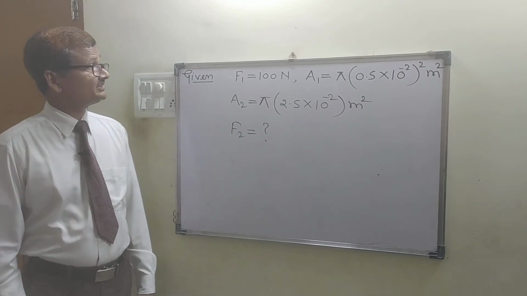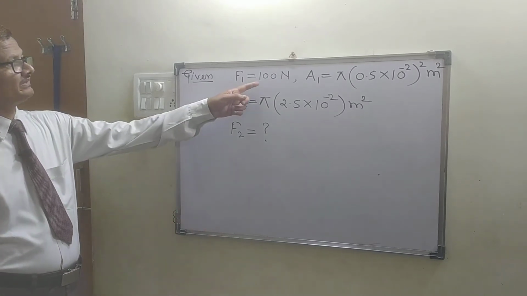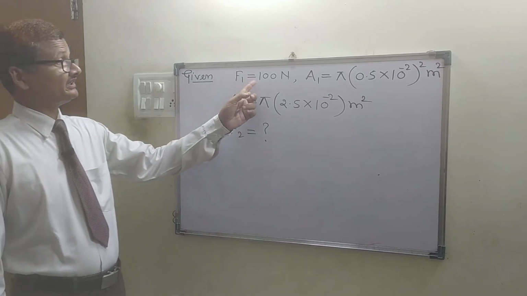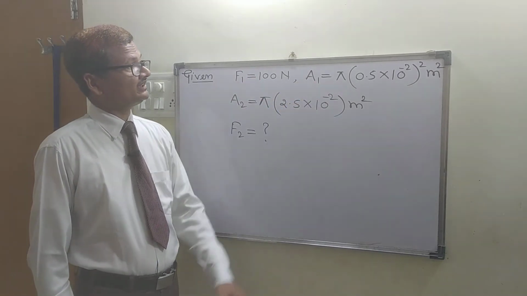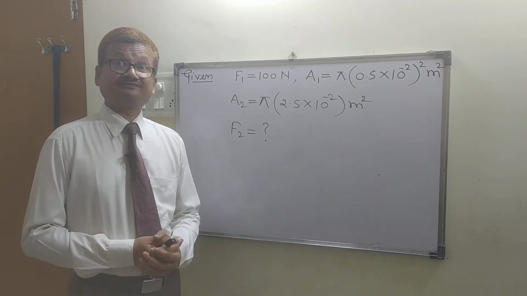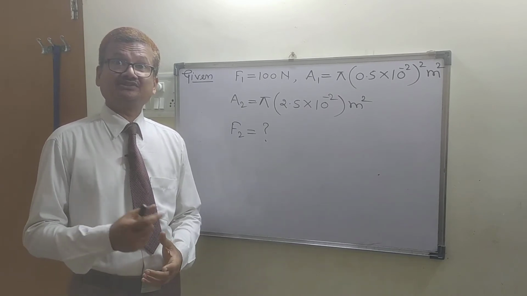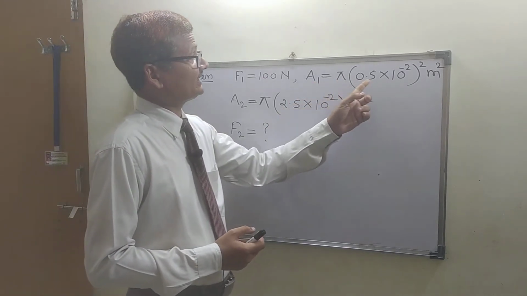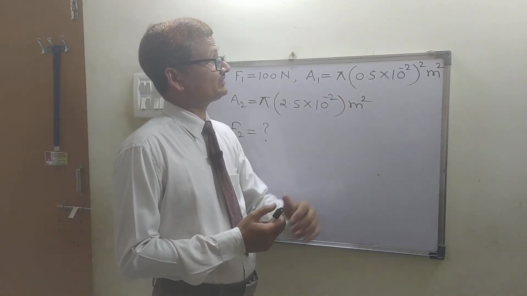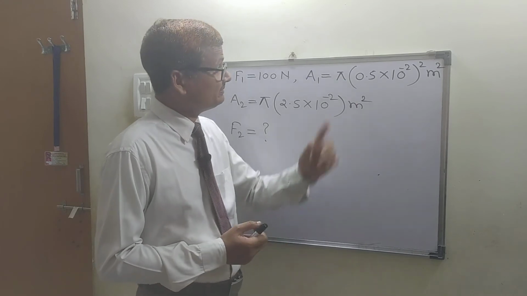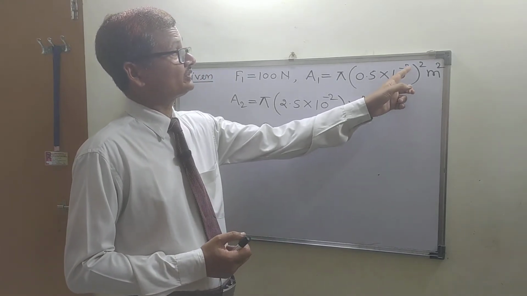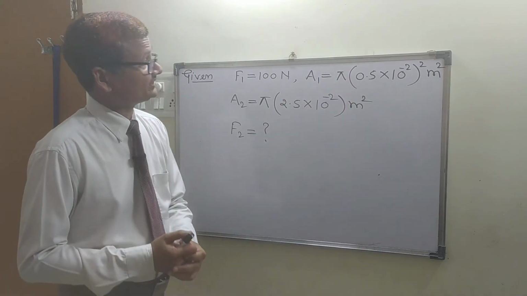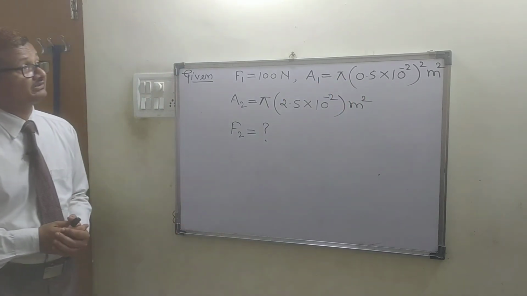In the given question, the force applied on the pedal is 100 Newton. Therefore, this is F1, and A1 is the area of cross section of the cylinder on which the force is applied. So this will be pi R1 square, and R1 is equal to 0.5 centimeter. So in meter, 0.5 into 10 to the power minus 2, and whole square. This is the area of cross section of the cylinder on which the force is applied.